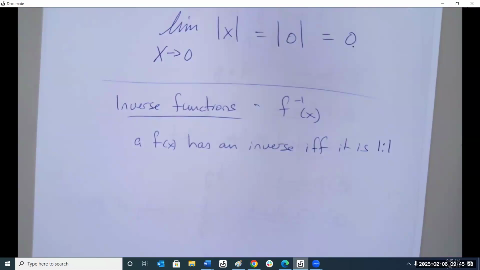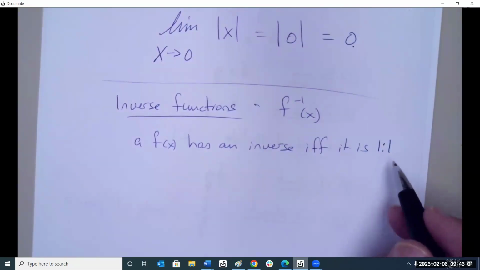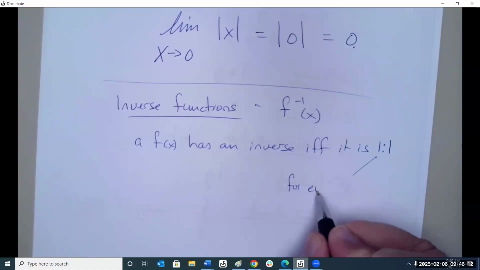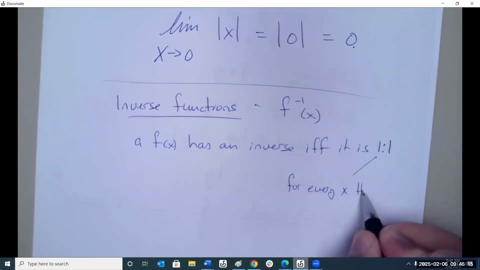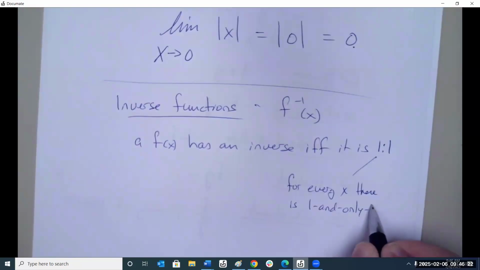A function has an inverse if and only if the function is 1-to-1. In other words, for each value of x, there's one and only one value of y. What that says, for every x, there is one and only one value of y. That's what 1-to-1 means.